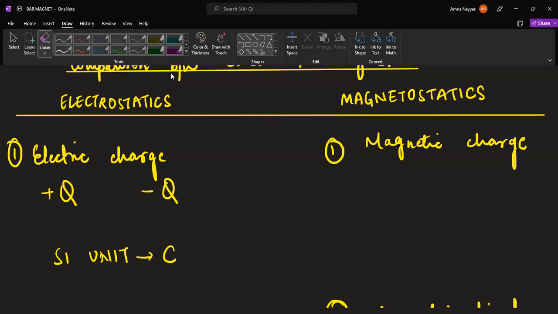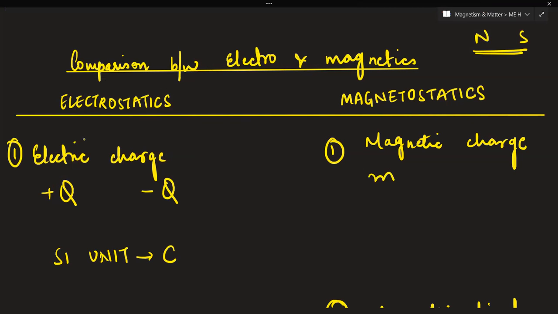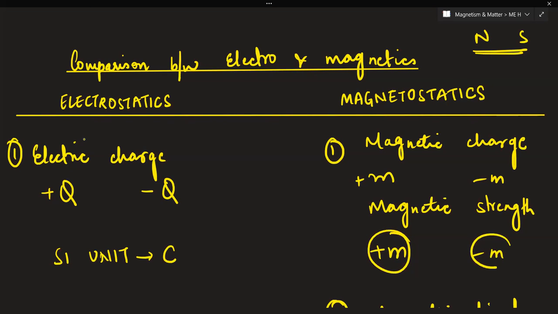We have magnetic strength. We call it plus M and minus M, the strength of the magnet. So plus M can also be there, minus M can also be there. This is the first basic comparison.